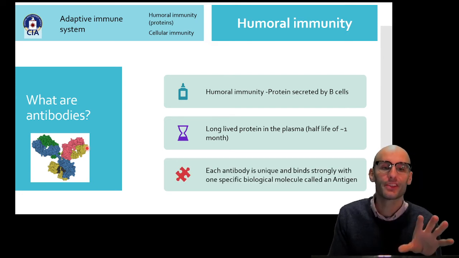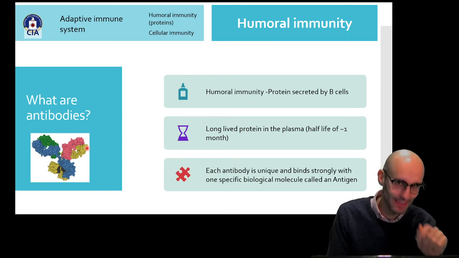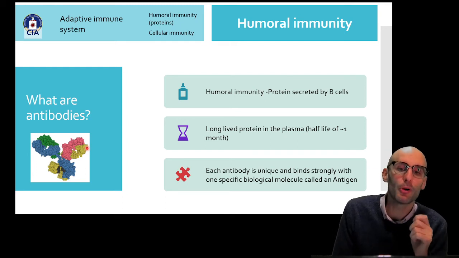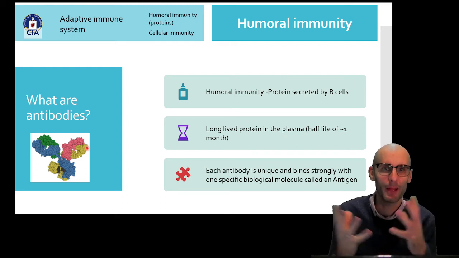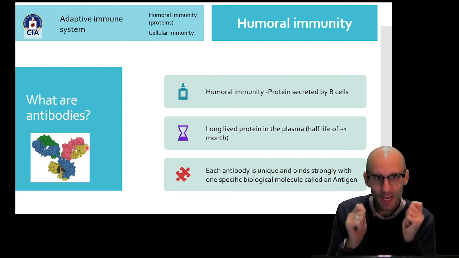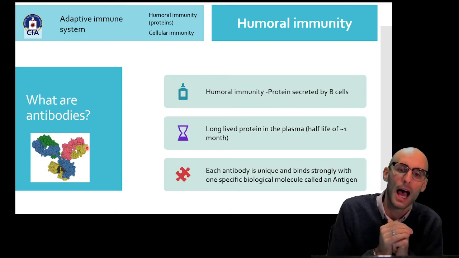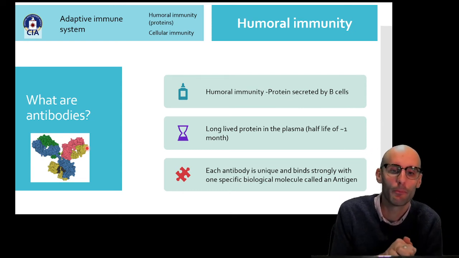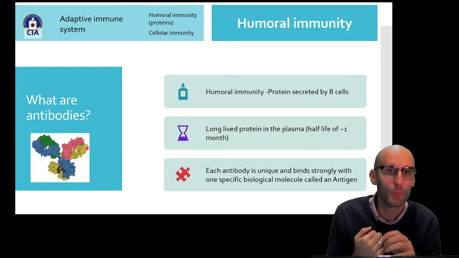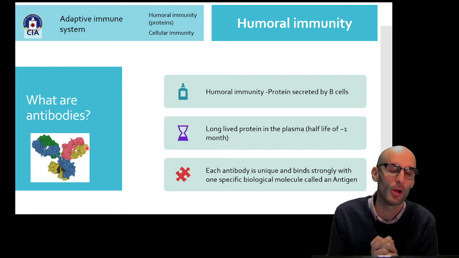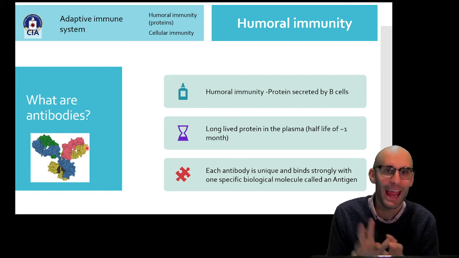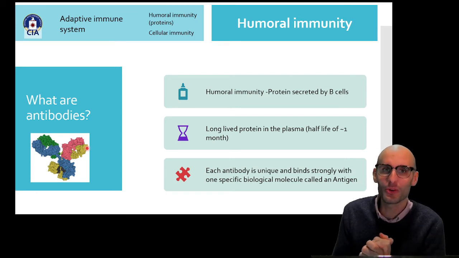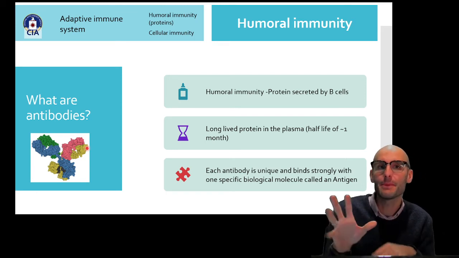And this is where the specificity comes in. Each antibody that's produced by a B cell is unique and binds strongly with one specific biological molecule called an antigen. Now they're called an antigen because they're an antibody generator, right?